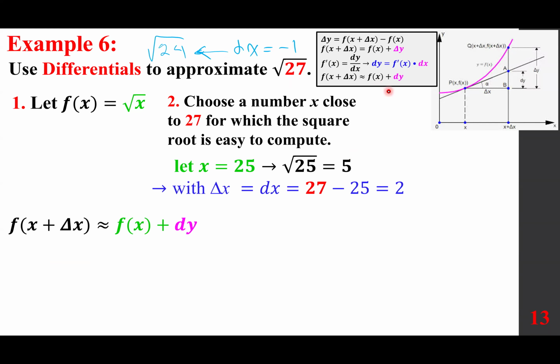F of x plus delta x is f of x plus dy. So what is f of x? We have it. What is dy? We have to find it. To find dy, we are going to find f prime of x, dy over dx, and then dy. So we are going to change this to x to the power of 1/2.